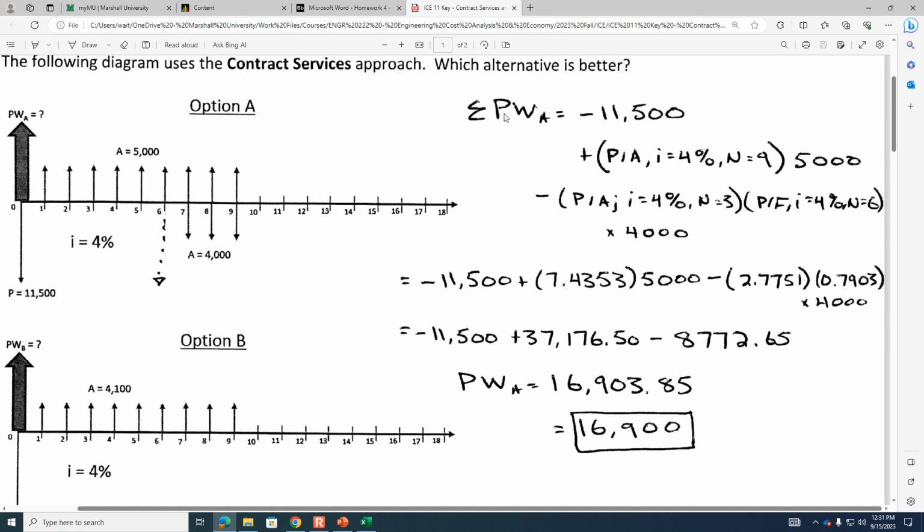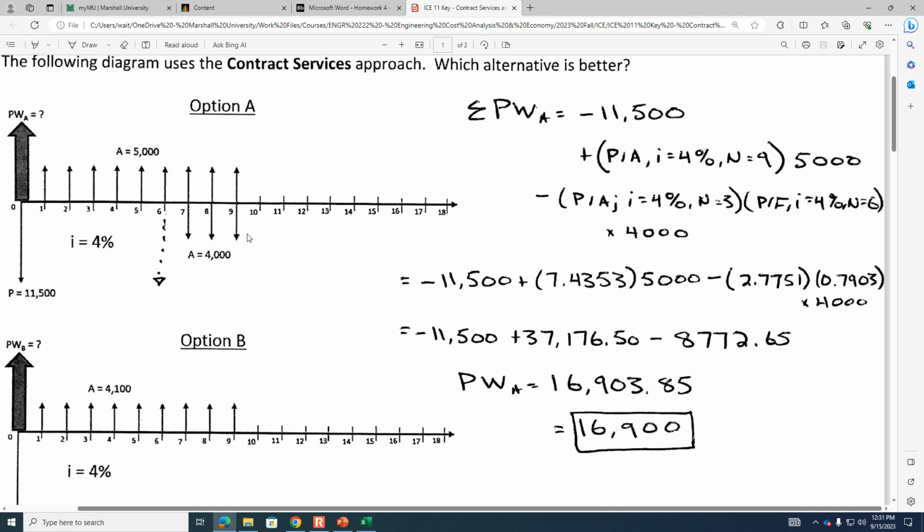So that's what this solution structure says: there's the initial 11,500 outflow that's already at the present. Then you're going to do find P given A of the inflow of $5,000 per year. So that's N equals 9, and that'll take it all the way to time 0 in a single step.